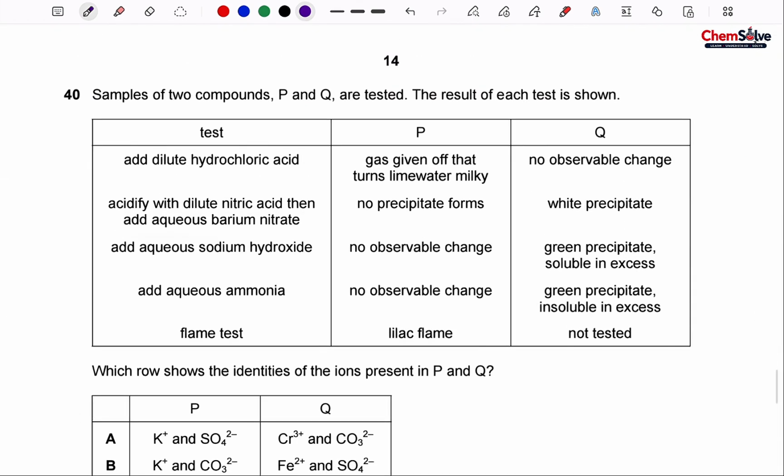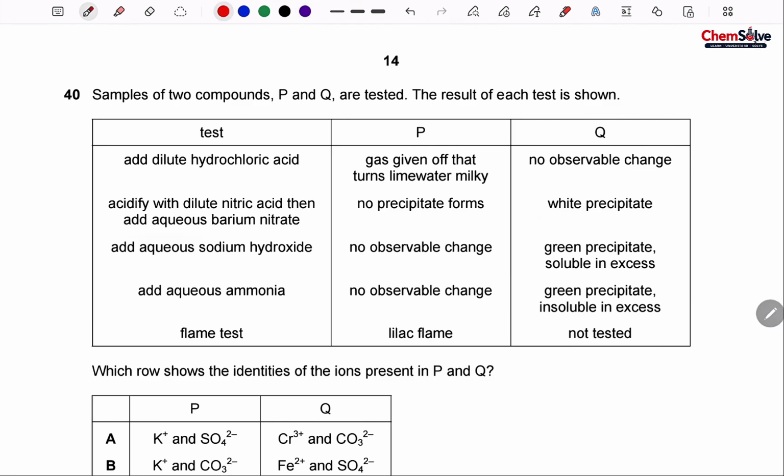Okay, coming towards the last part of the paper, question number 40. Samples of the two compounds P and Q are tested. The result of the test is shown. So first of all we are adding dilute hydrochloric acid into it, and it gives off a gas that turns lime water milky.